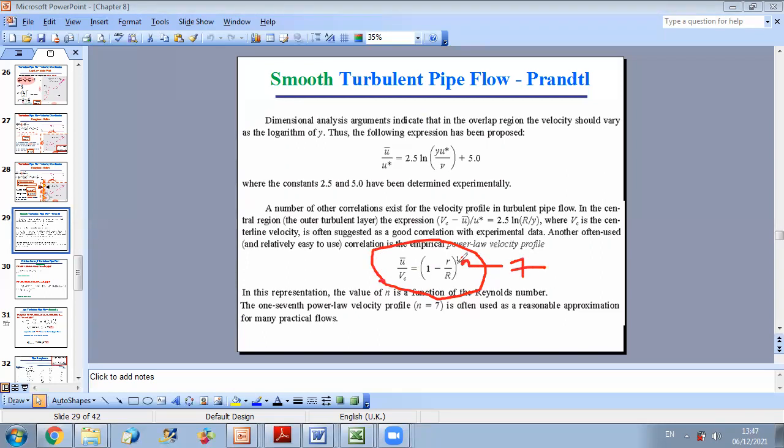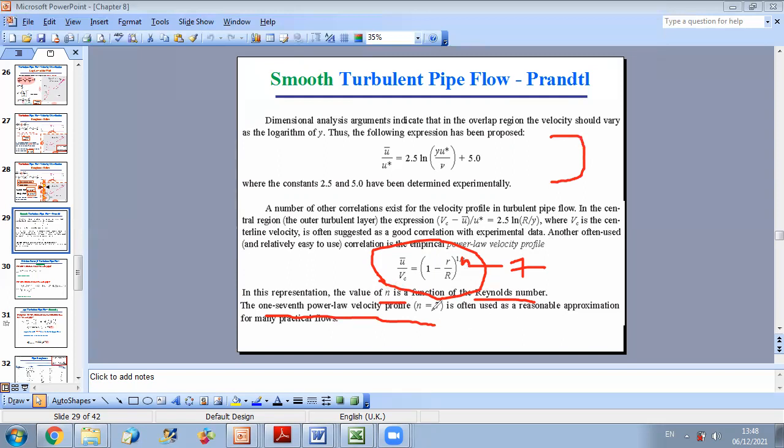This N is determined experimentally, and N is a function of the Reynolds number. So the value of N will change with the Reynolds number. This is one of the most used profiles, which we call the 1/7 power law velocity profile. For high Reynolds number, if you draw this profile, it's very close to a flat profile. So n equals 7 is for the case of high Reynolds numbers.